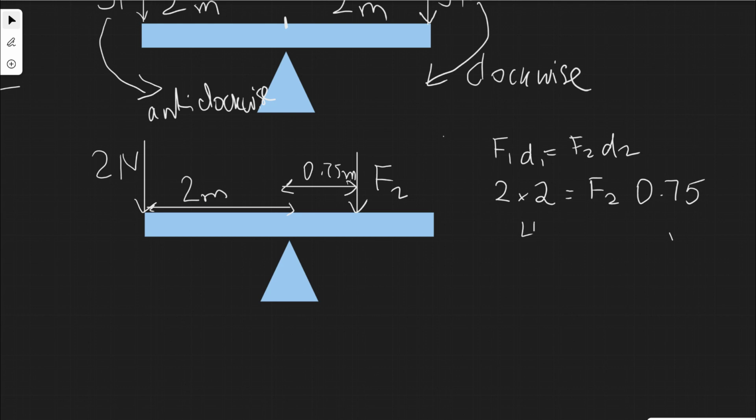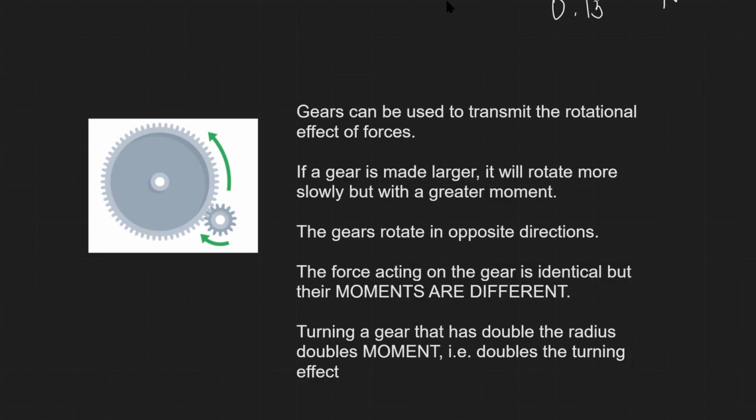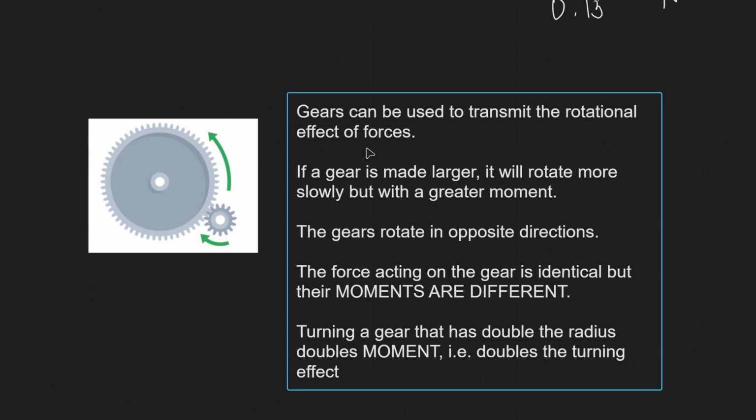So 4 will be equal to F2 times 0.75, meaning that F2 will be equal to 4 divided by 0.75, which is around 5.33 newtons.